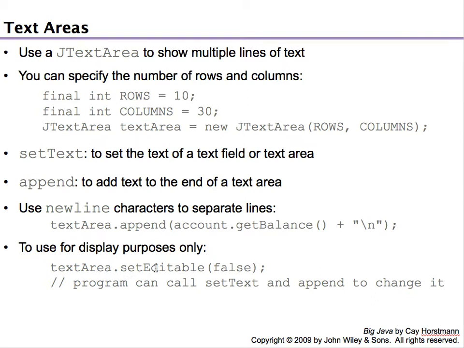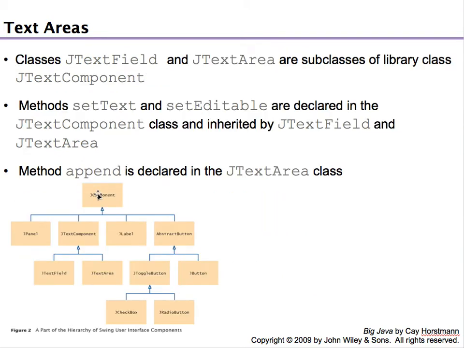You can use the setEditable method in order to make the text area editable, meaning the user can click and start typing, or you can make it not editable, where the user cannot type and it's only used for display purposes.